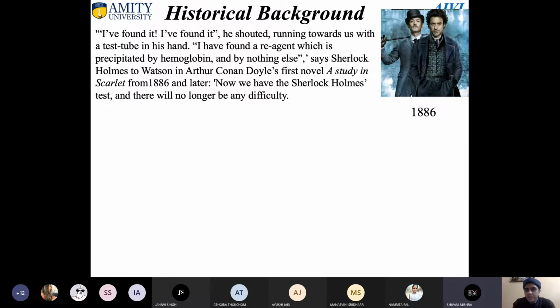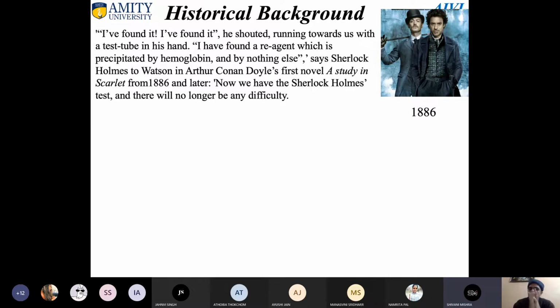Whatever Sherlock was talking about, he found a reagent for blood, which we relate to what we have nowadays. So now we have the Sherlock Holmes test, and the stain will no longer go unidentified. This is the Sherlock Holmes story in which he described that he now had a test.